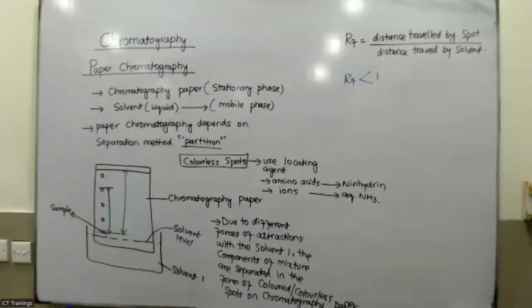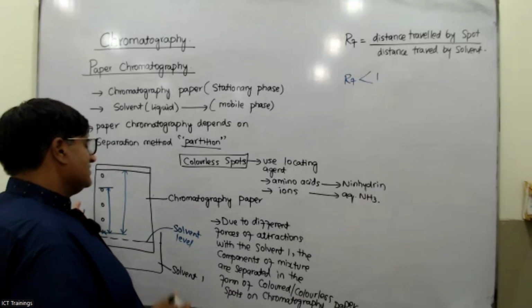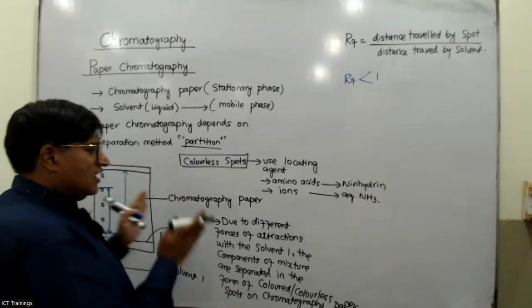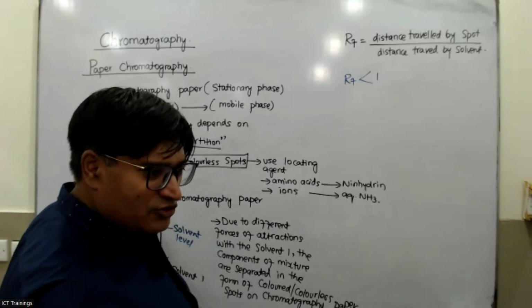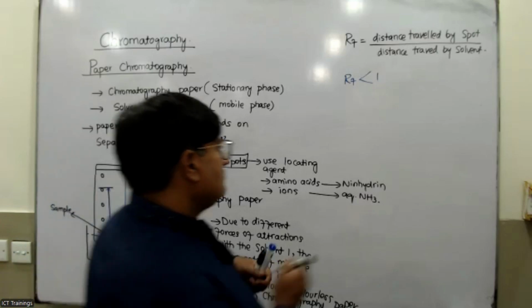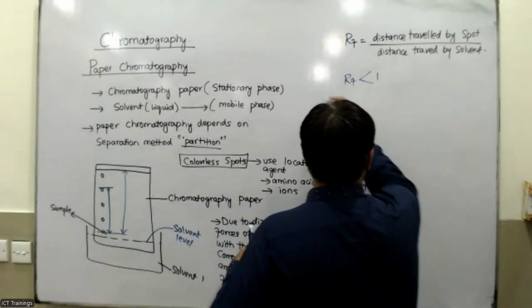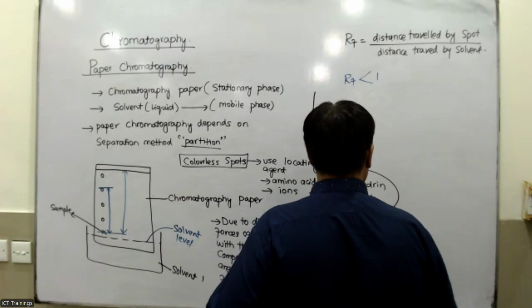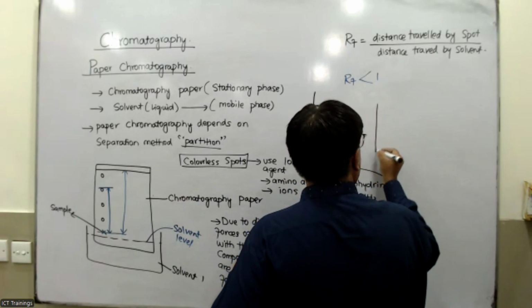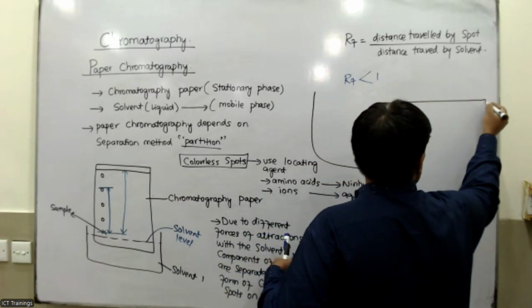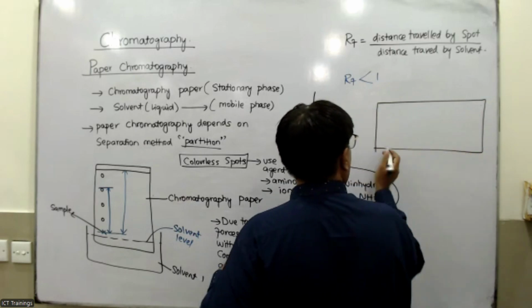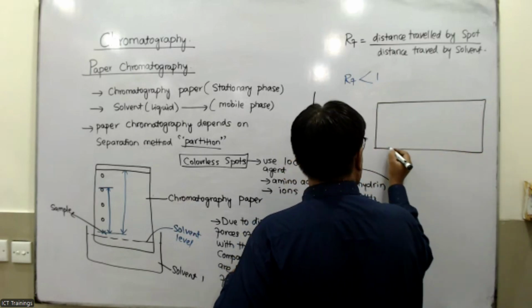Now, what should you do, guys? You should take the same chromatography paper and reverse it like that. You should rotate it at a 90-degree angle like that.